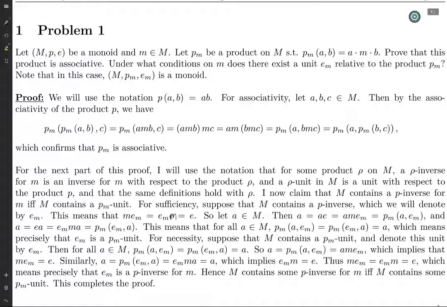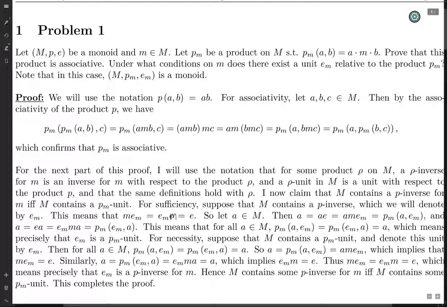A equals PMA EM equals AM EM, and A equals PM EMA, because we know these two equalities. Well, actually, all of these equalities we have already. It's just that cancellation part.